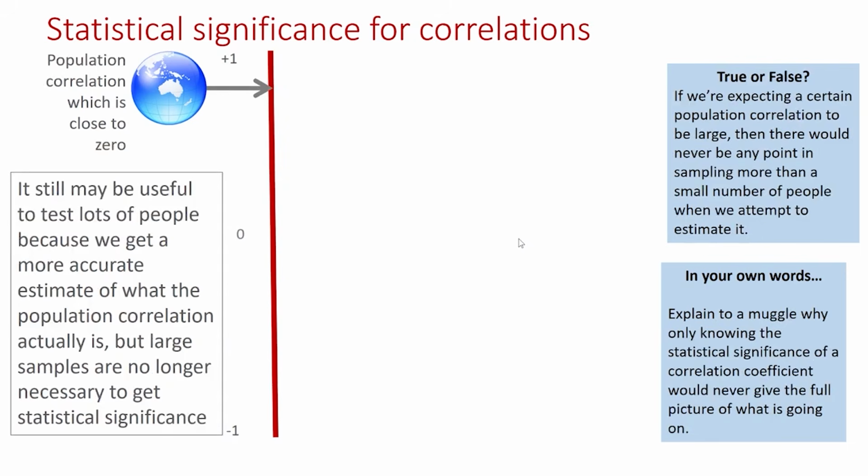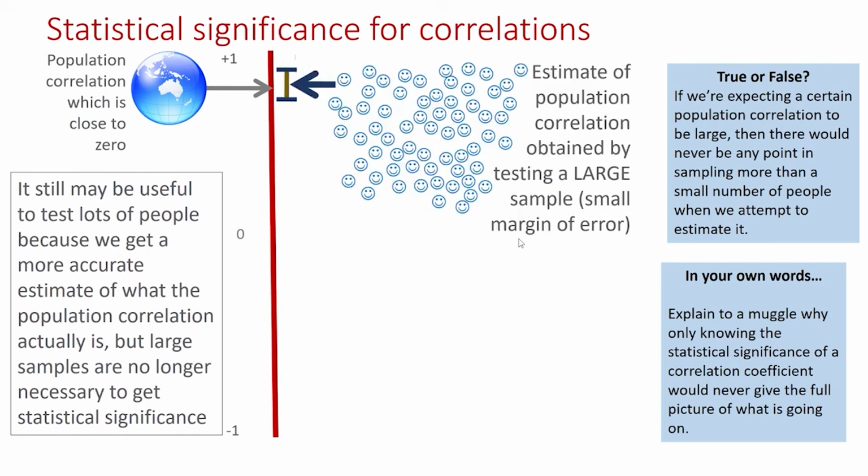That doesn't necessarily mean that when we've got a really big correlation, a correlation that's close to 1, there's literally no point in getting a very large sample.